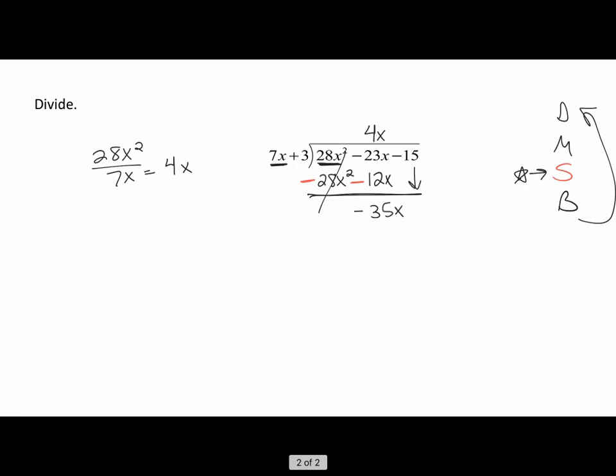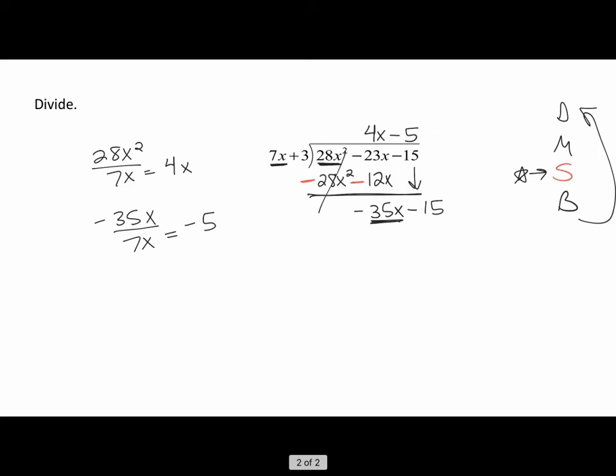Next step, bring down the next term. Start all over again. How many times does 7x go into negative 35x? Let's divide to find out. So negative 35 divided by 7 is negative 5, and actually x divided by x cancels out, leaving just minus 5 for our quotient there.